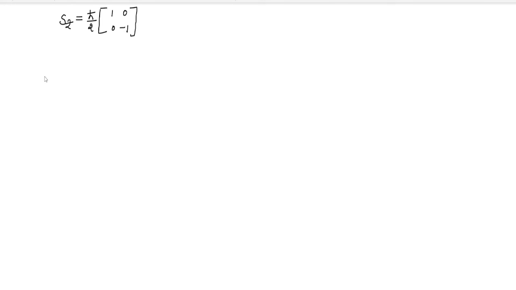Here I'm considering this one as the operator A: h cross divided by 2, 1 0, 0 minus 1.